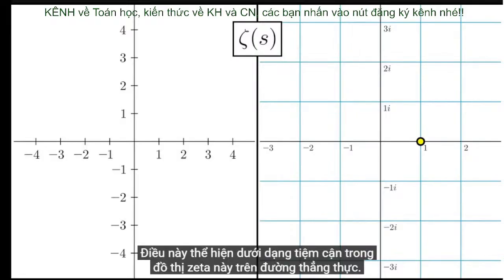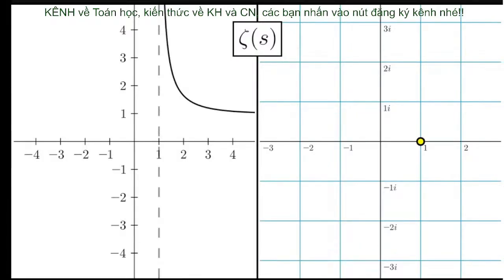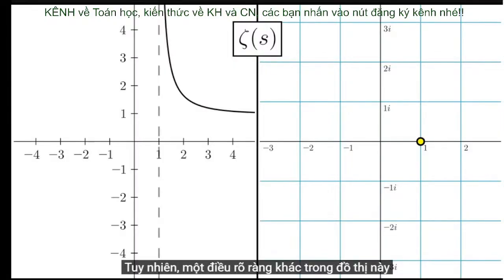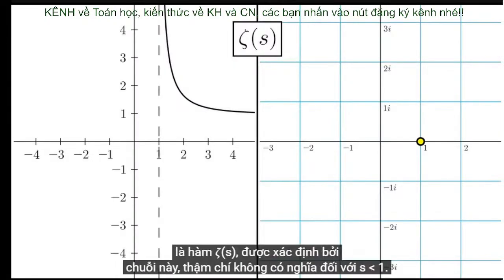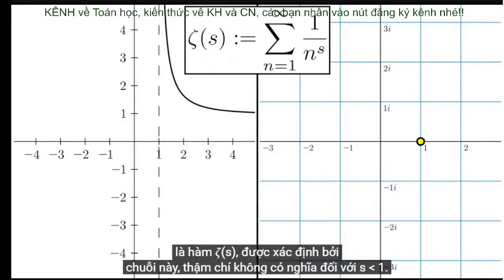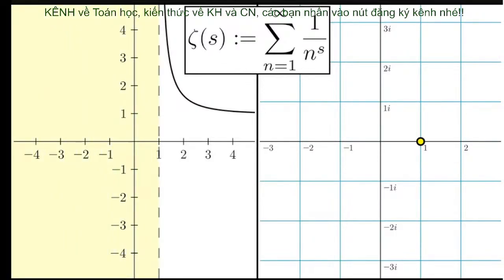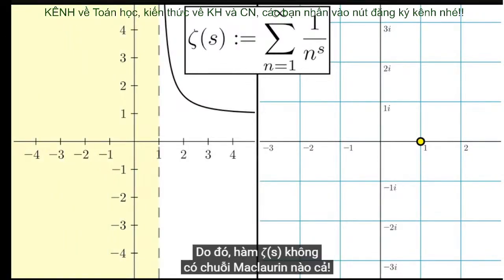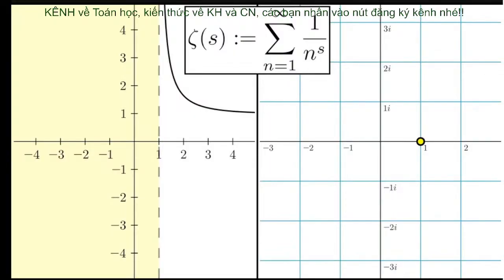This shows up as an asymptote in this graph of zeta on the real line. Another thing apparent in this graph, though, is that the function zeta of s, defined by this series, doesn't even make sense for s less than 1. Thus, the function zeta of s doesn't have a Maclaurin series at all.